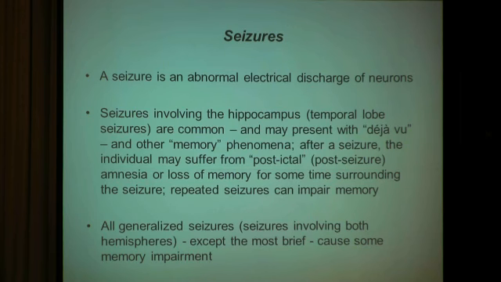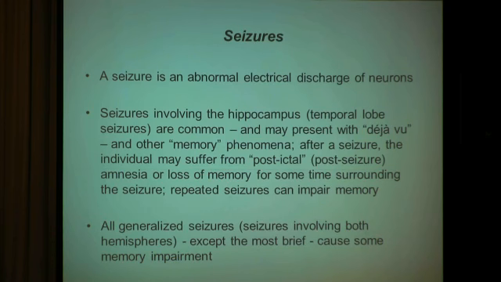Déjà vu. After individuals have seizures that involve the temporal lobe, they have what's called post-ictal amnesia. So ictus means seizure, so it's post-seizure amnesia. And they will show a loss of memory for some time surrounding the seizure because the hippocampus can't work normally with abnormal electrical activity going on.